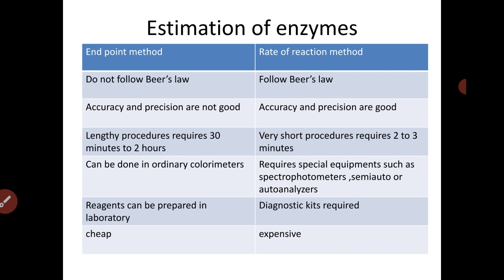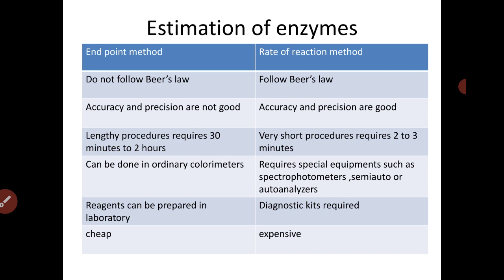And we cannot use the ordinary colorimeters or photometers for measuring the rate of reaction method. We require specific instruments like spectrophotometer or semi-auto analyzer or auto analyzer for measuring the change in absorbance, for measuring the rate of reaction. Though it is expensive, the results of this method is promising.